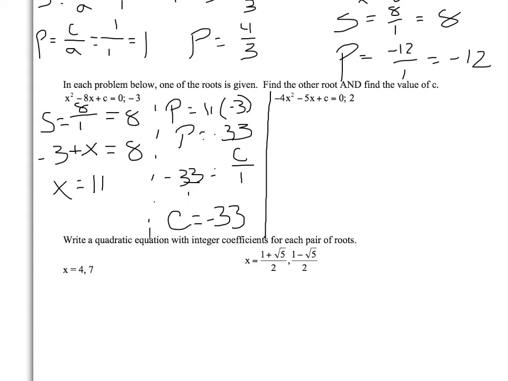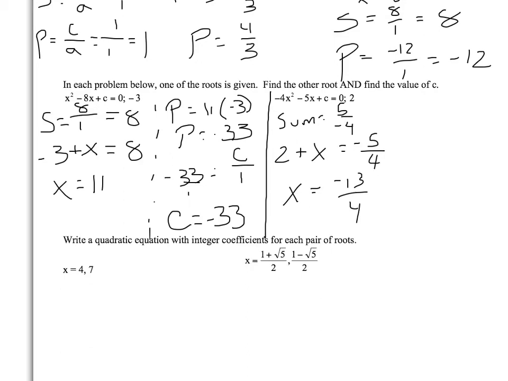Okay? So, in this case, to find the other root, I know that the sum is going to equal negative b over a. So, negative 5/4. That tells me 2 plus my missing root should equal negative 5/4. To solve for x, let's subtract that 2. So we get negative 13/4.